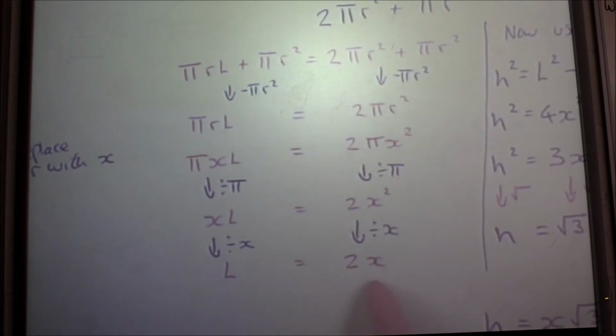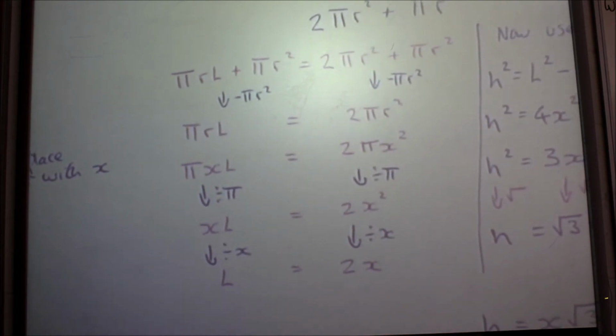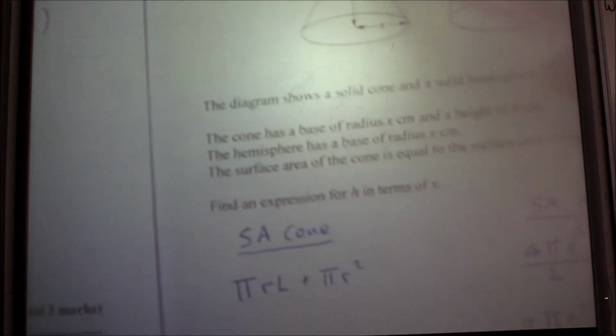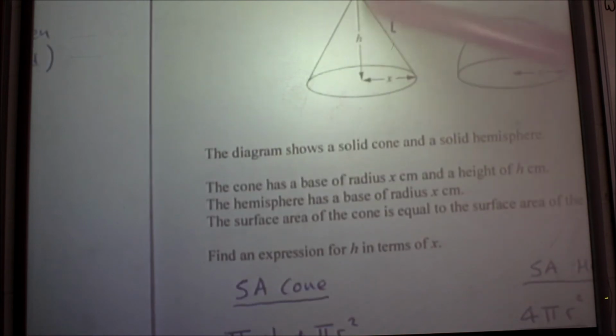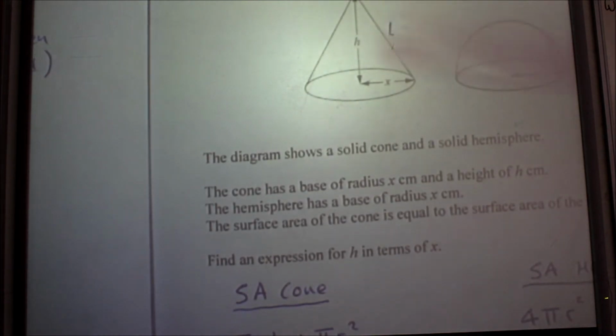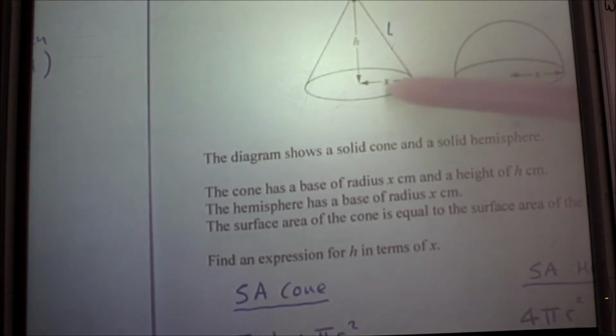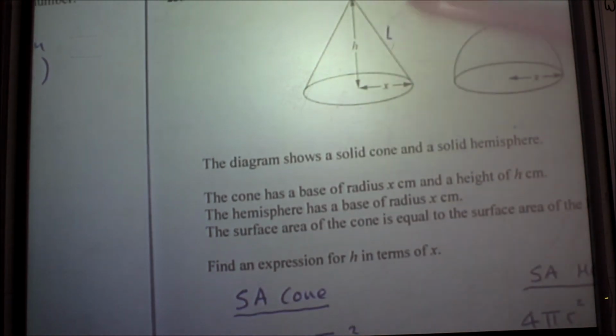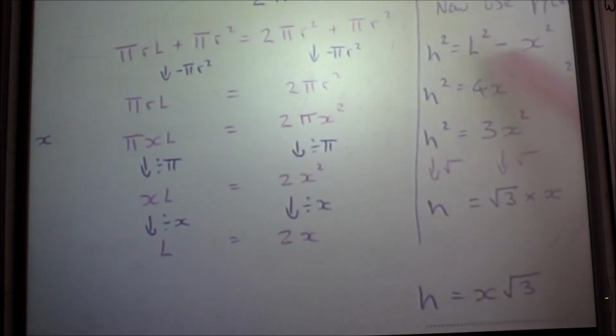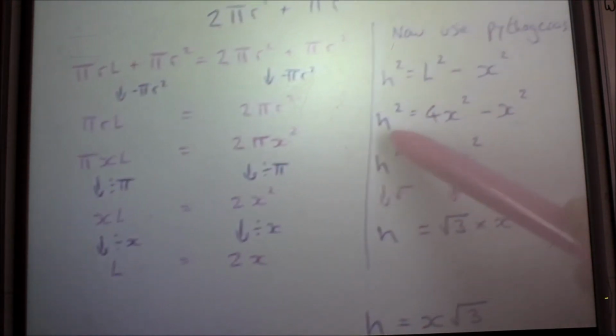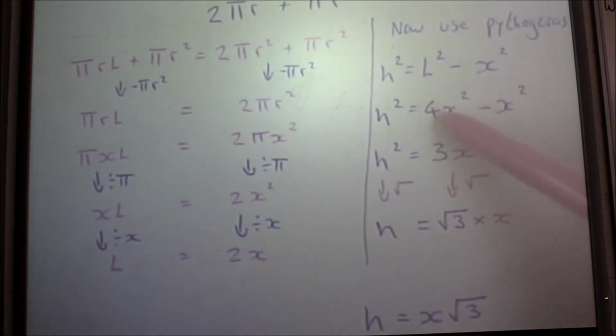What we're going to do now, we're going to use Pythagoras here, because we need to find out what h is, and we know that the long side squared, take away the short side squared, will equal h squared. So h squared equals l squared, take away x squared. l squared, well, l is 2x, so 2x times 2x will give you 4x squared.